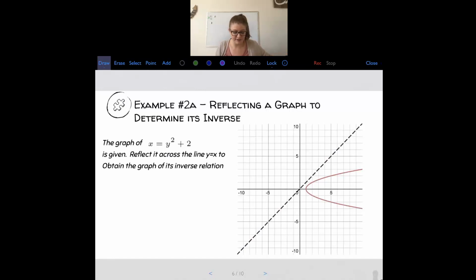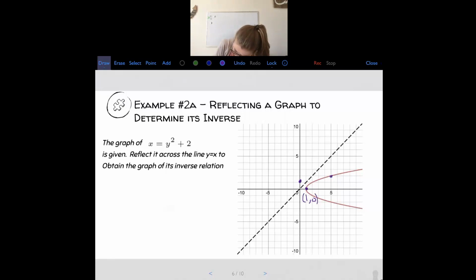We are given the graph of x = y² + 2. That's in red. We are supposed to reflect it across the line y = x, our dotted black line, to obtain the graph of its inverse relation. Again, imagine that you're folding this along the dotted line, and what you're graphing for its inverse is the corresponding image that happens when you fold it. Another way to do it is to look at some ordered pairs. For instance, there's an ordered pair here at (1, 0), so for the inverse, it would be at (0, 1).